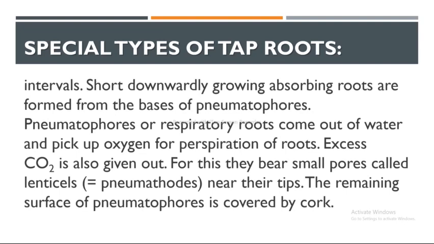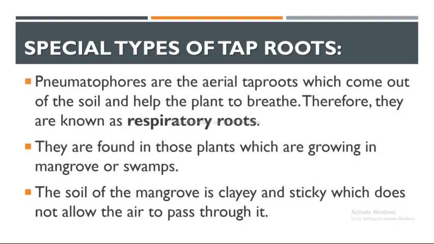Near their tips, the remaining surface of the pneumatophores is covered by cork. Pneumatophores are the aerial taproots which come out of the soil and help the plant to breathe. Therefore, they are known as respiratory roots.